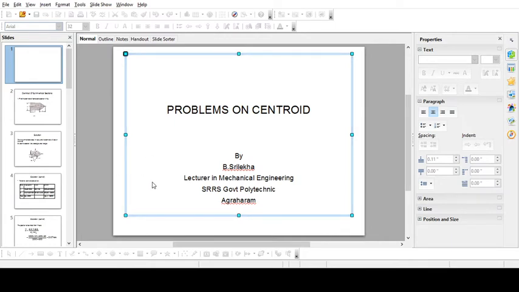Next, the third one is 60 into 10. Sorry, here is a mistake. 60 into 10. So that will give you a value of 600. Next, the y term, the centroid from the x-axis, is at a distance of 145.